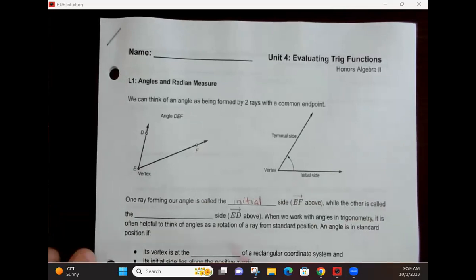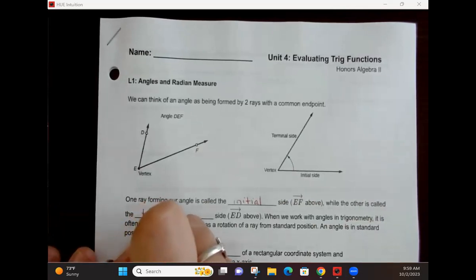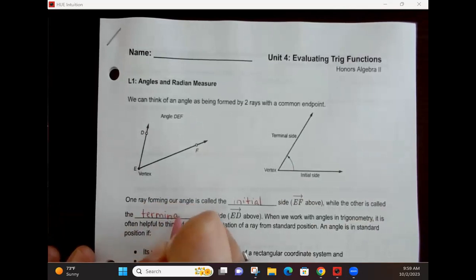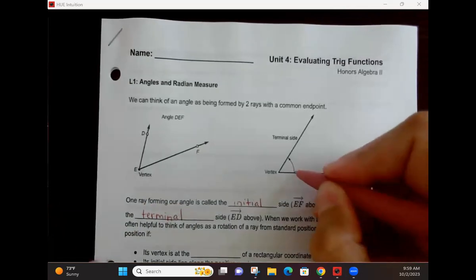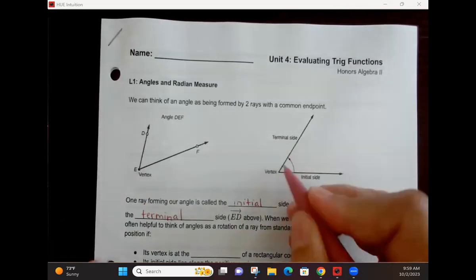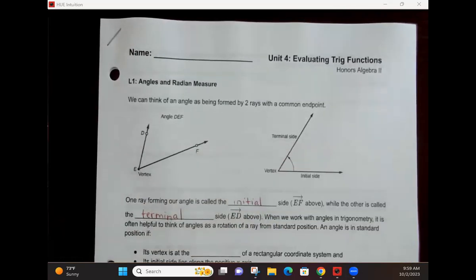And the other ray, we will call the terminal side. And then we're going to talk about the measure of that angle as being a measure of the rotation from the initial side to the terminal side. So how far did I rotate from the initial side to get to the terminal side?